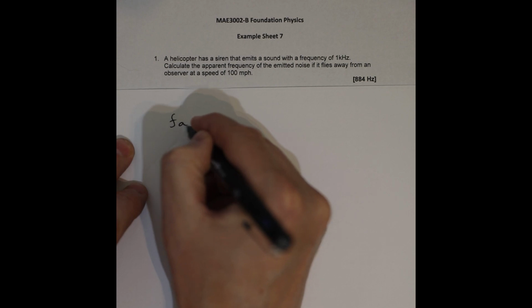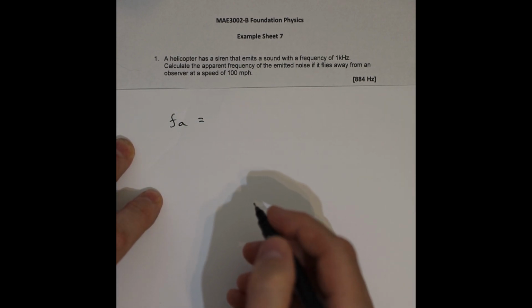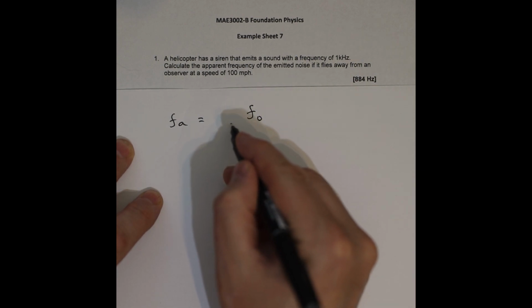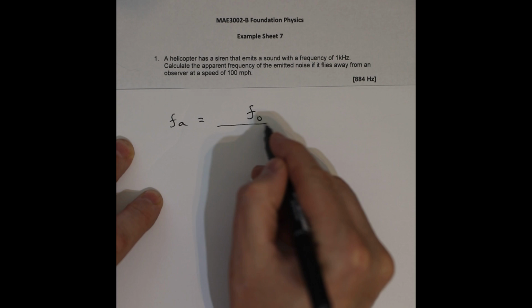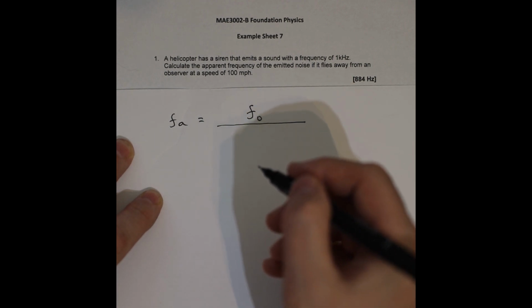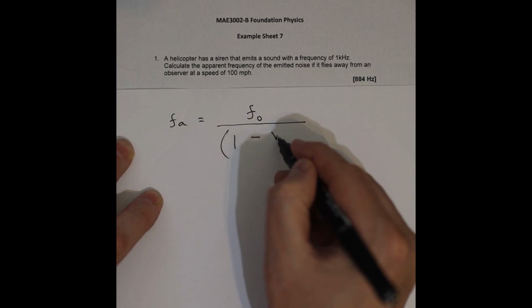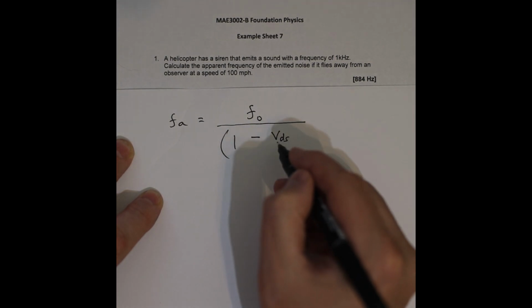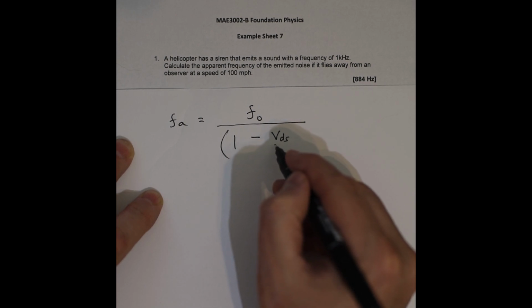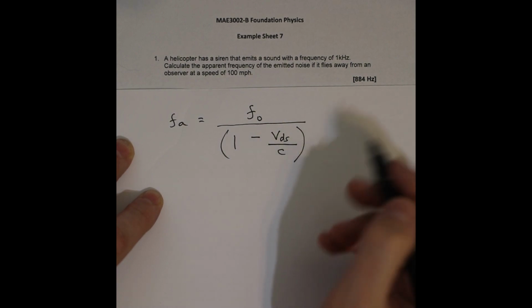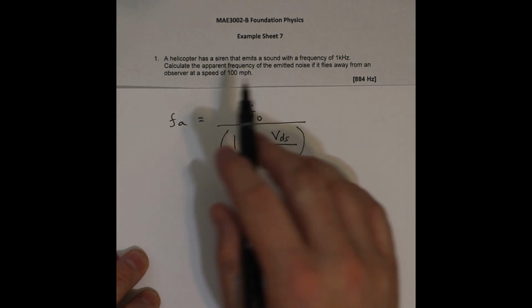The apparent frequency of the emission is equal to the fundamental frequency, or the frequency of the emission from the object, divided by 1 minus the velocity between the source and the observer, divided by the speed of the sound wave c. So this is the equation that we're going to use to calculate this apparent frequency.